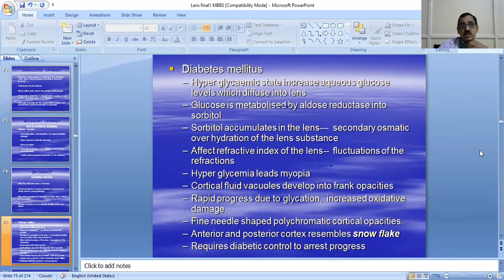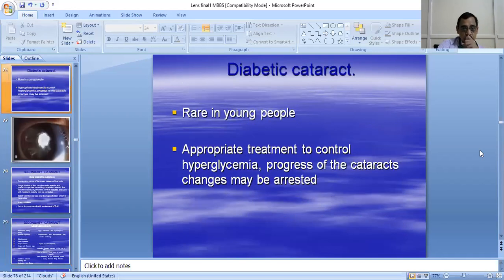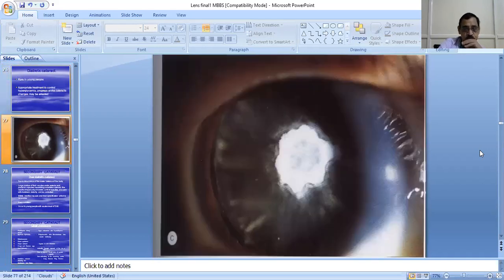It requires strict dioptric control to arrest this progress. In some studies, diabetic cataract is said to be rare in young people; in others, it is almost equivalent to the other population. With appropriate treatment to control hyperglycemia, the progress of the cataract can be arrested or delayed.